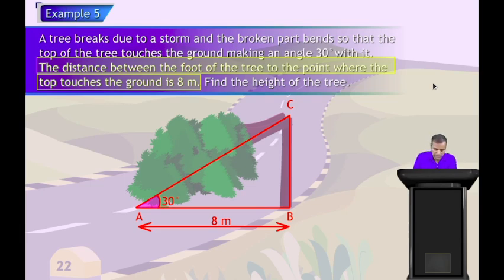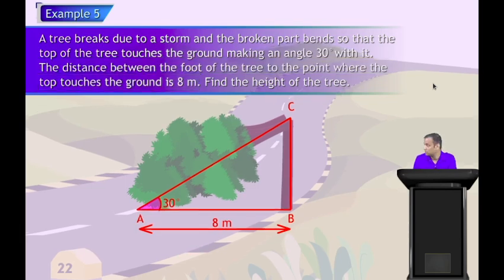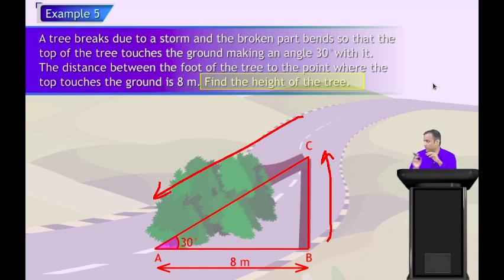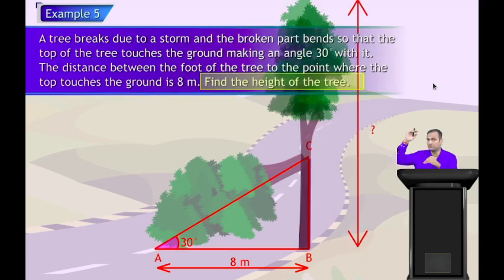So this distance is given to us, 8 meter. We have to find the height of the tree, and this height should be this side plus this side, because the tree was straight in the beginning. So we have to add BC and AC also. So we need to find the value of BC and AC both. Yes, so this is the total height of the tree.